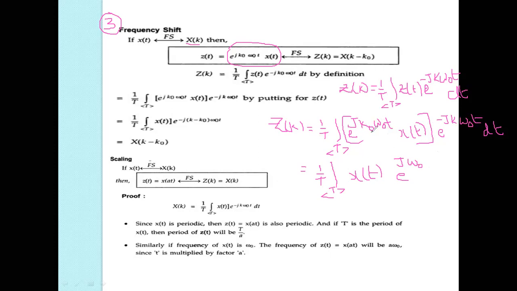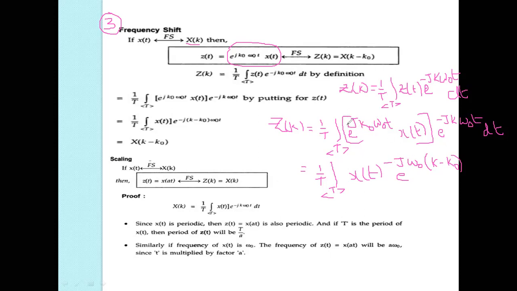Here the minus k and here the plus k naught. So keep the minus here. I'm taking here the k minus k naught. Now you can see minus e power minus j omega naught k, and e power minus into minus is a plus.